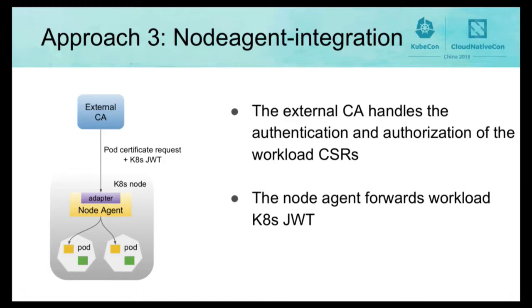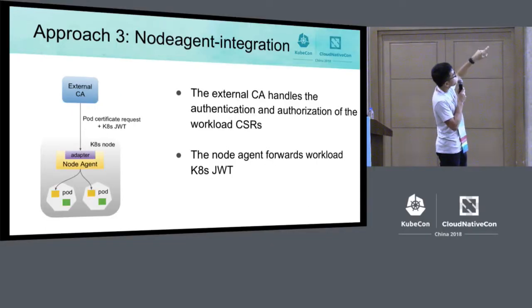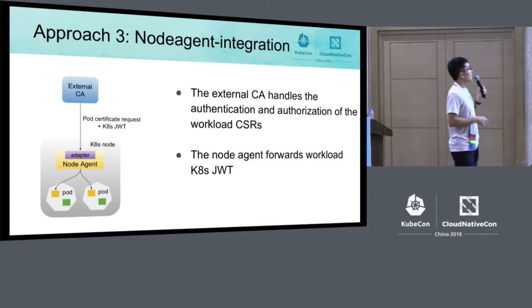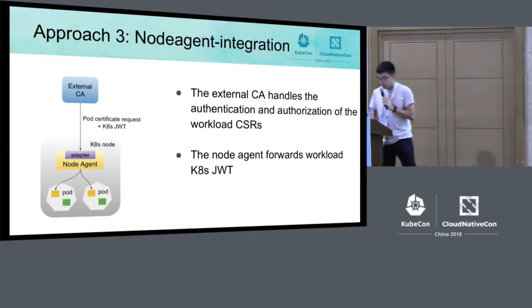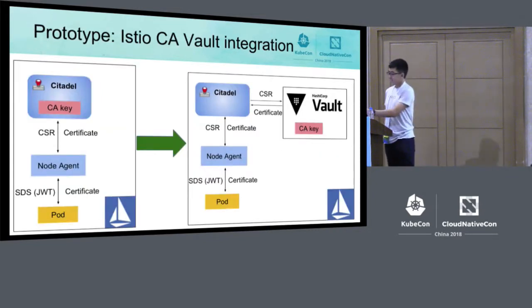So the Kubernetes JWT is forwarded through the node agent to your external CA. The external CA handles the authentication directly, right? And this is a much simpler architecture, and once our 1.2 is available, we will support this approach as well. So I will hand back to Lei. Okay. You can keep this.